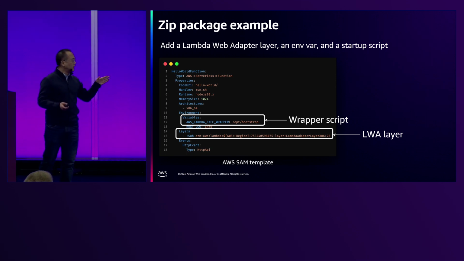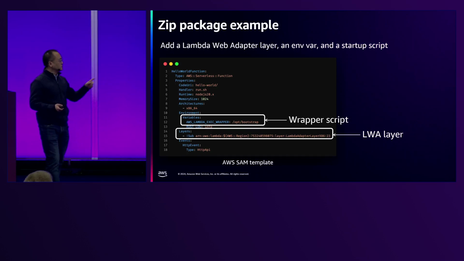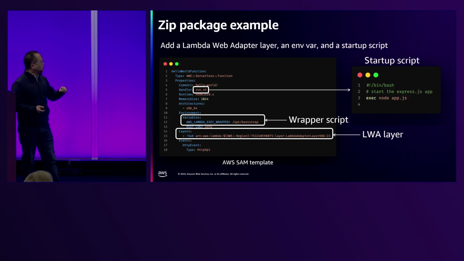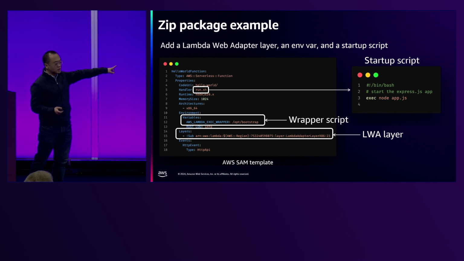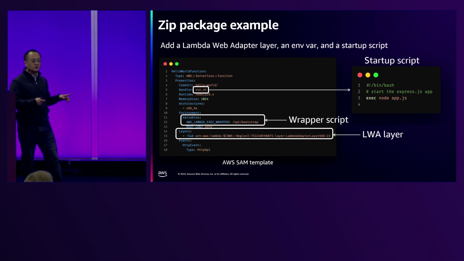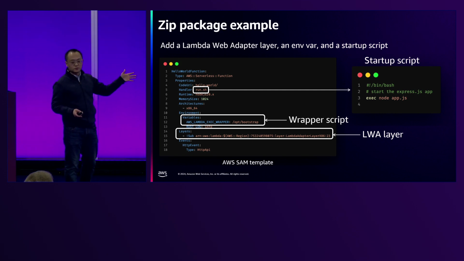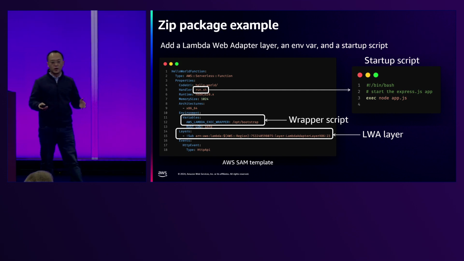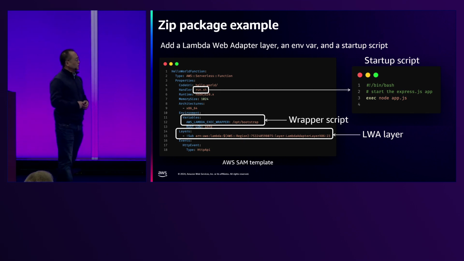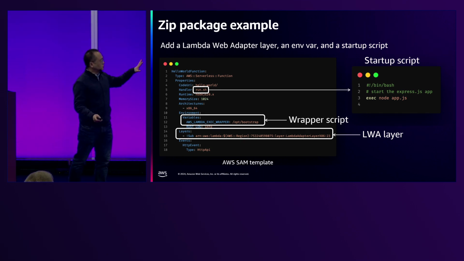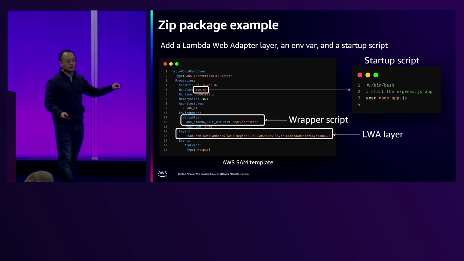This will point to a file provided by that layer, and this wrapper will start up something that runs run.sh. This is the file you are going to provide. Inside this script, you put whatever is needed to start your web application process. Okay. So this is how you package Lambda Web Adapter and your web application using zip and deploy to a Lambda function.